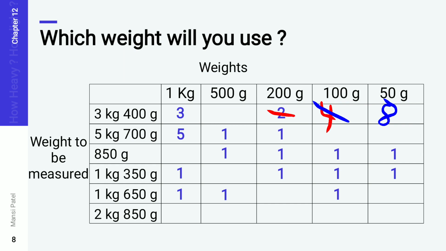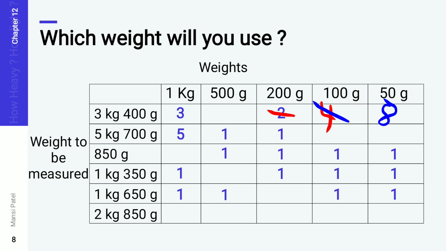So 500 plus 100 is 600. And then in the last, you use 1 unit of 50. The total of all these units is 1 kilogram and 650 gram.